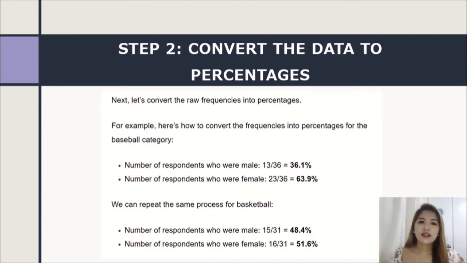And we can repeat the same process for basketball. For the number of respondents who were male, we have 15 over 31, which is equivalent to 48.4%. And the number of respondents who were female is 16 over 31, which is equivalent to 51.6%.